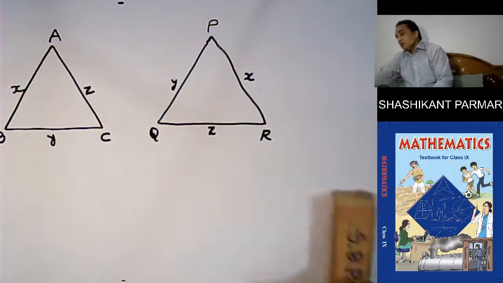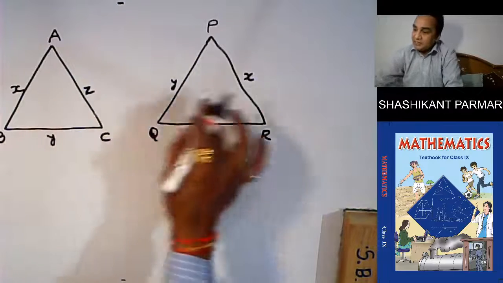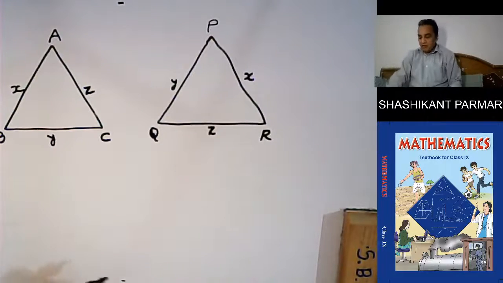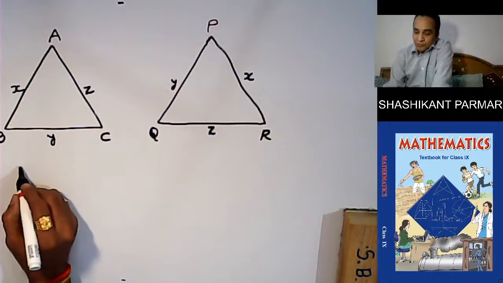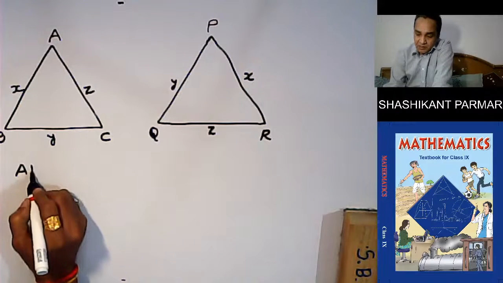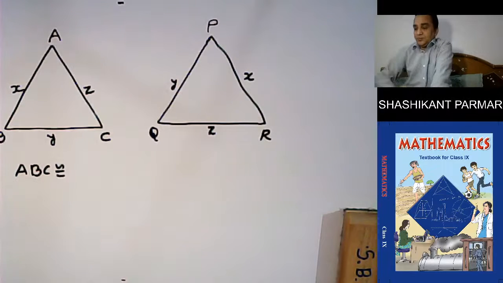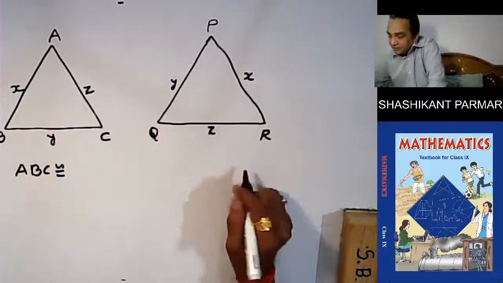Now see here, side and side and side. So three sides of one triangle are equal to three sides of another triangle. So ABC is congruent. Now see here, AB here is PR.